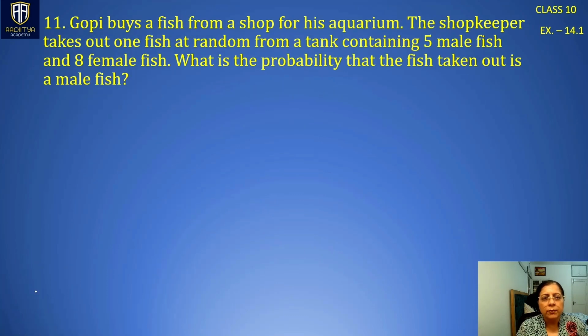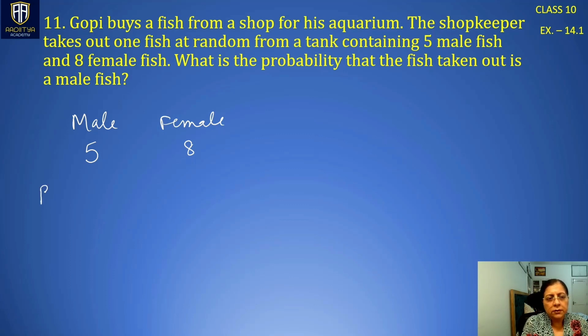Next question is, Gopi buys a fish from shop for his aquarium. The shopkeeper takes out one fish at random from a tank containing 5 male fish. Now male fish are 5 in number and female fish are 8 in number. What is the probability that the fish taken out is a male fish? This is simple.